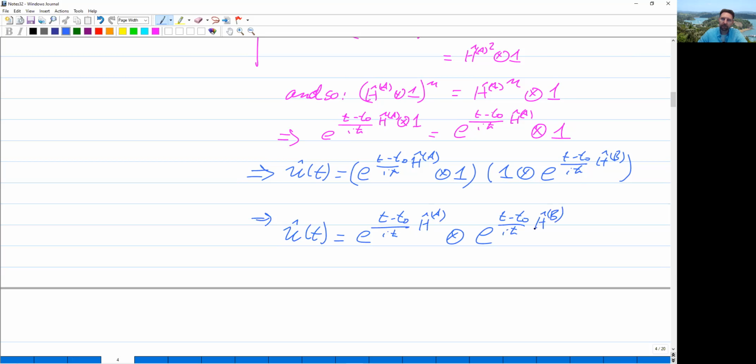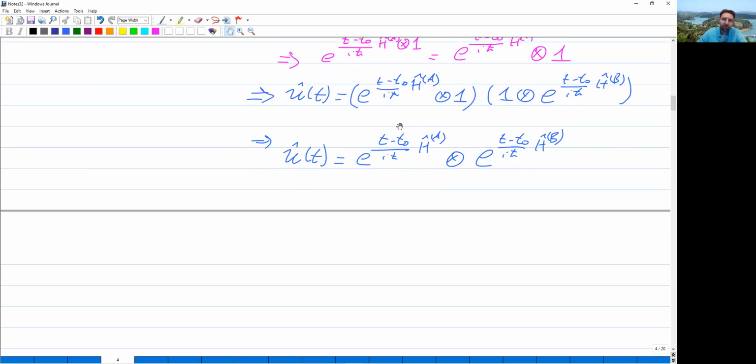h hat B. Now, that's great, because what we recognize here is that this would have been the time evolution operator that we calculate if we choose a Heisenberg cut just around system A. So this is the time evolution operator for system A alone, and similarly this one for system B alone.